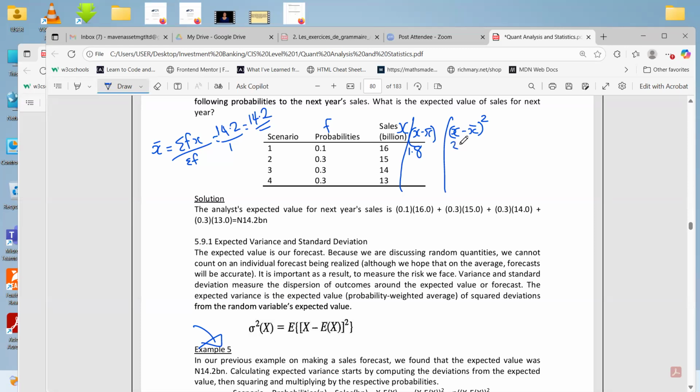Okay, so do the others. Be mindful of negative values if you have any further down the line. Let me know when you're done.